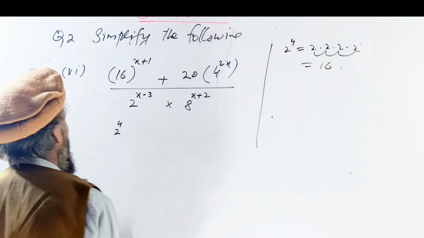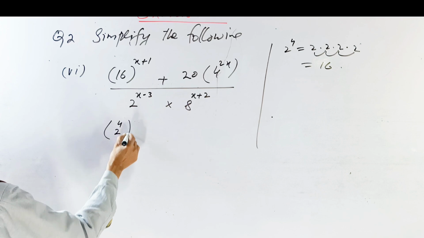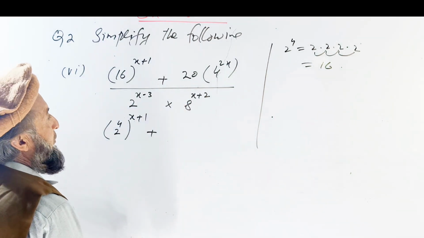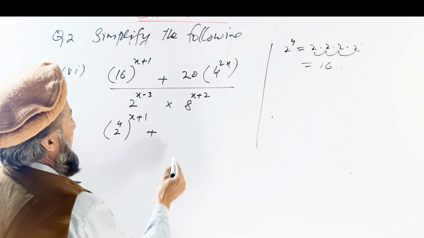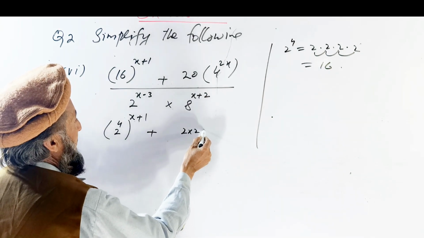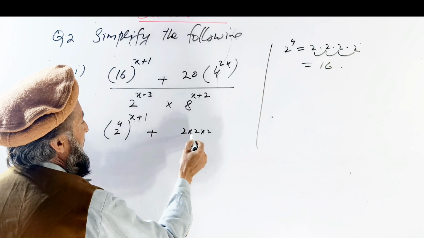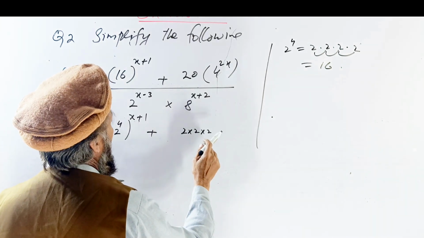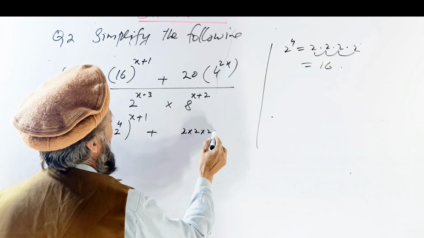We get here 16. So this will be equal to, x plus 1, plus 20, we can write 2 power 2 multiply by 2 multiply by 2.